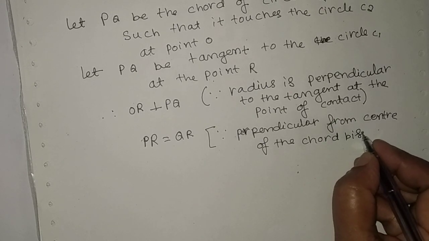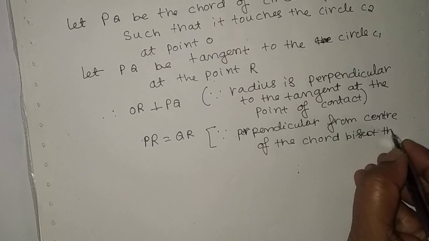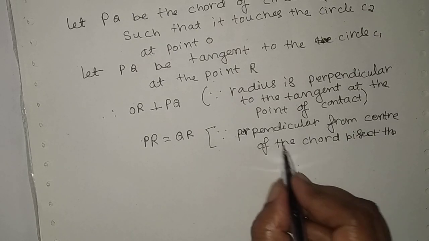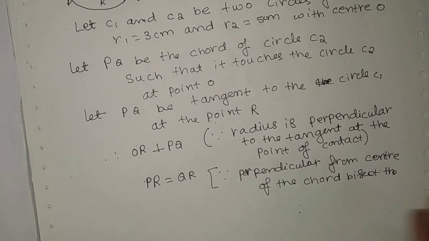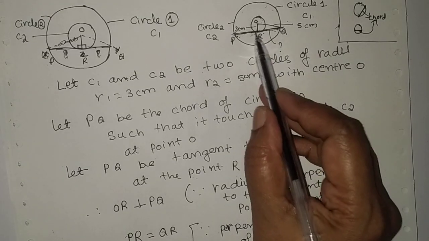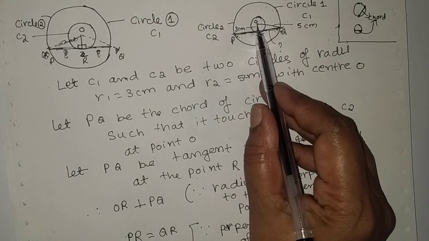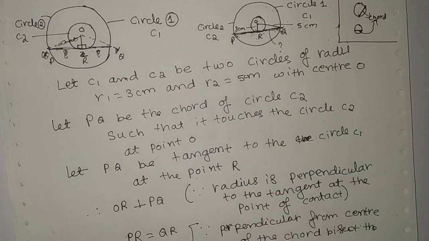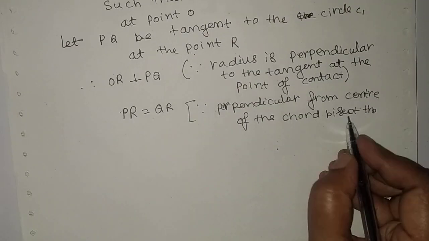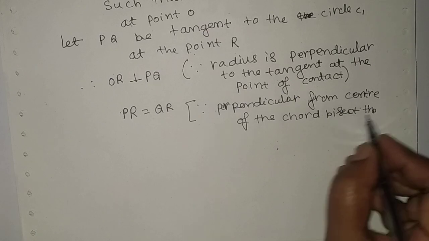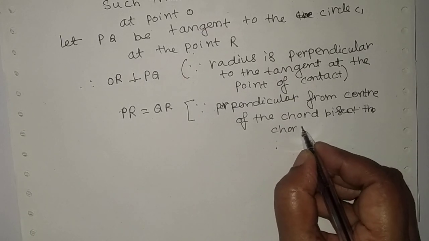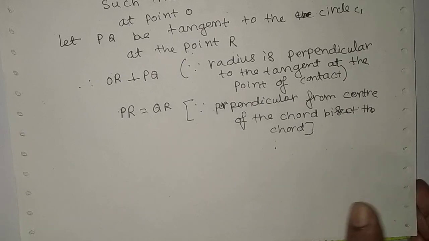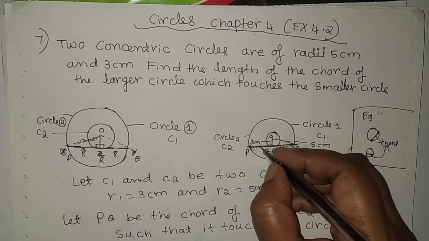So this line bisects this chord. Just write perpendicular from the center to the chord bisects the chord. So this is the chord here.